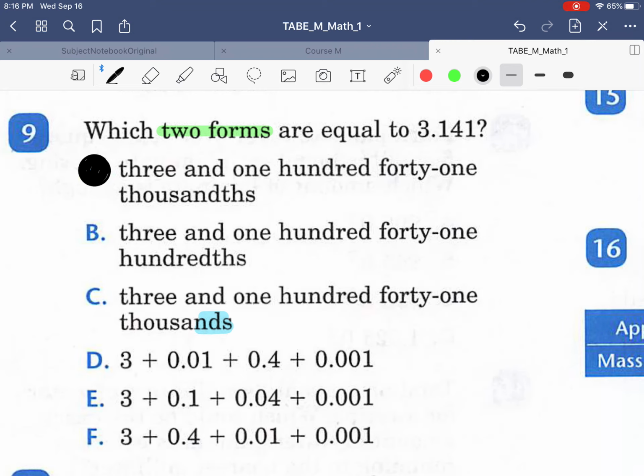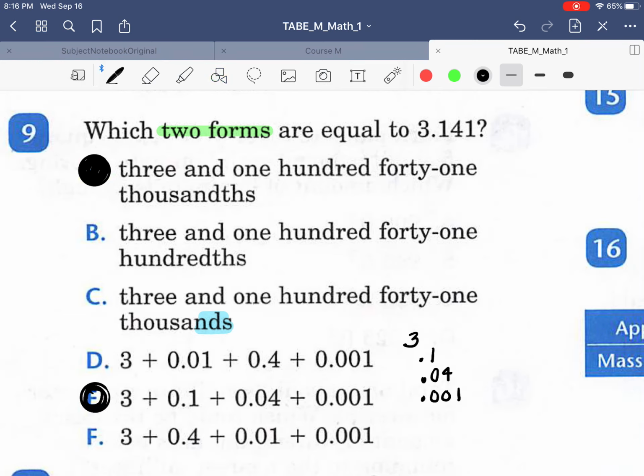If you're looking at expanded form, you have a 3, you have a 1 in the tenths place, a 4 in the hundredths place, and a 1 in the thousandths place for our number. So I'm looking for an answer that matches this, and it's going to be E. This is a tough one.